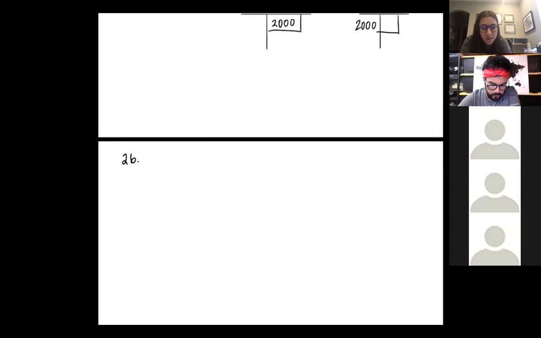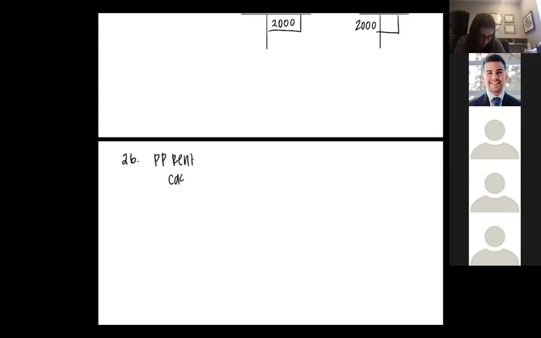So because rent was paid in advance, it would have been prepaid rent and cash. But because they failed to record the AJE, the rent had been used except for 1 month. So it would be rent expense, debit, and prepaid rent credit.